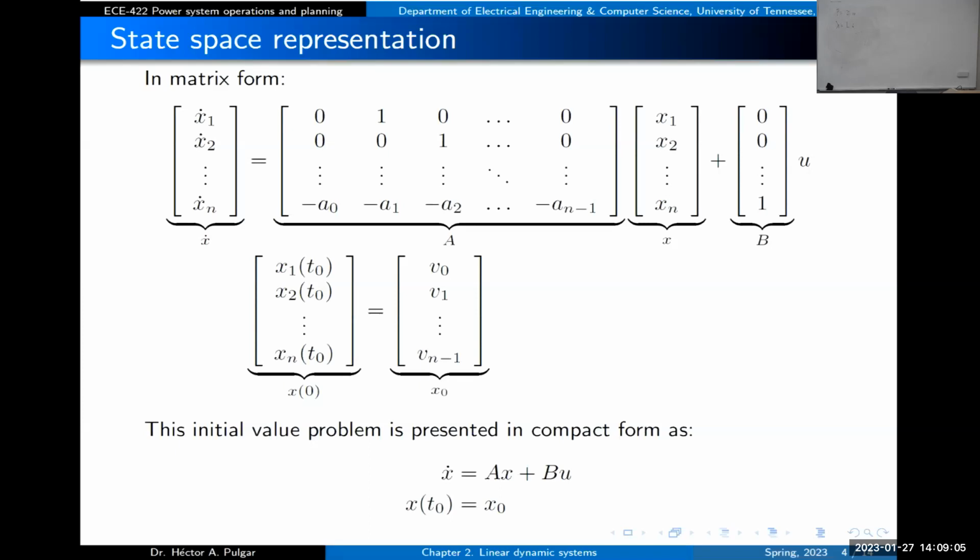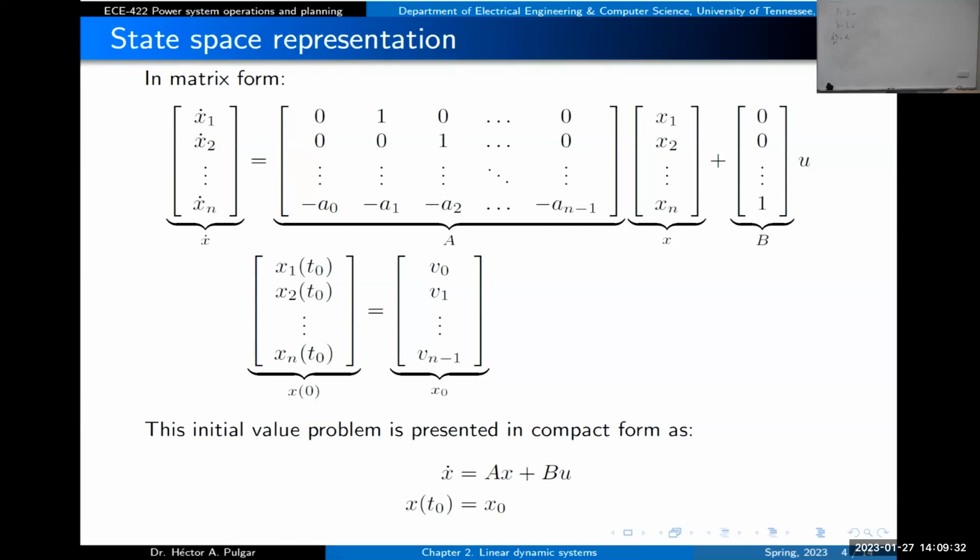One thing to note is that the derivative of a given variable xi can also be expressed with a dot on top. It's the same notation. So x1 dot, which is the derivative of x1 in time, is going to be equal to x2.